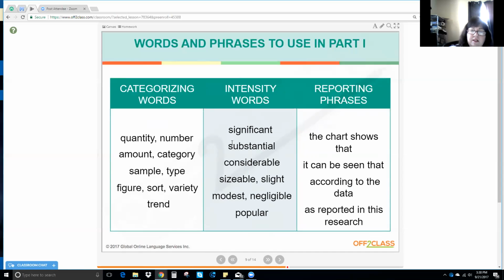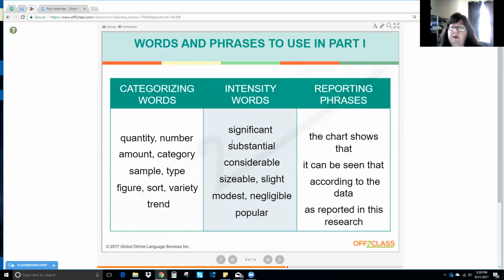So very little. And you don't have to use vocabulary like negligible. You could say barely there, hardly even there. It's okay to say things like that.